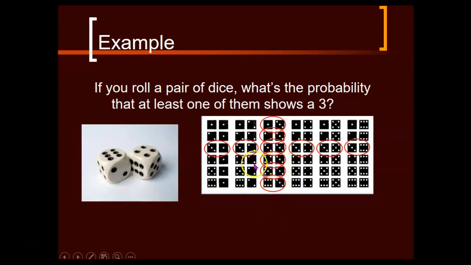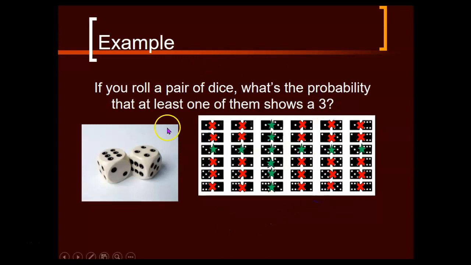Turns out there are 11 possibilities out of 36 in all, so the probability is 11 over 36, which is 0.306. But another way we could answer this is to go through and count the number of ways where none of them show a 3, where there's a 3 on neither one of the dice.